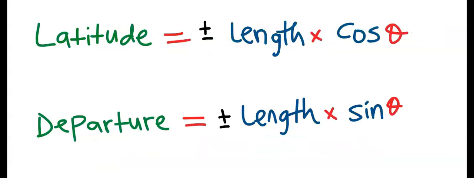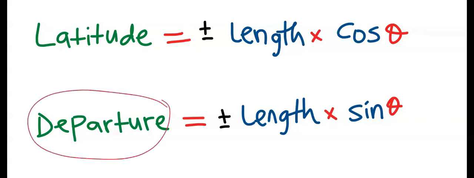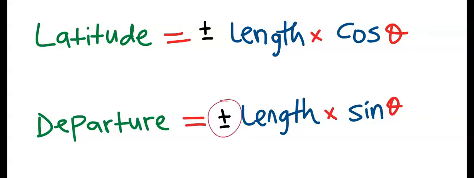Subsequently, to calculate for latitude, the formula is plus or minus the length of the side multiplied by the cosine of the bearing, which is theta. Likewise, to calculate for the departure, the formula is plus or minus the length multiplied by the sine of the angle, where theta is the bearing under consideration.